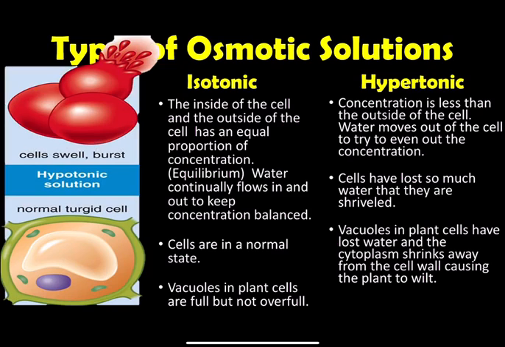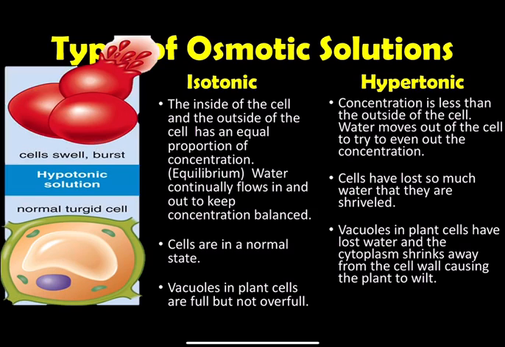An isotonic solution. Remember that I want an isotonic solution. Isotonic is good. An isotonic solution is when the inside of the cell and the outside of the cell have an equal proportion of concentration. This is what we call equilibrium. There's an equal amount of concentration inside the cell and outside the cell.